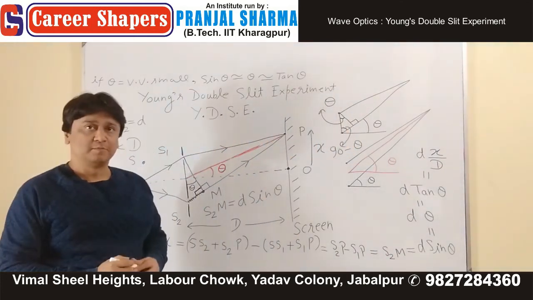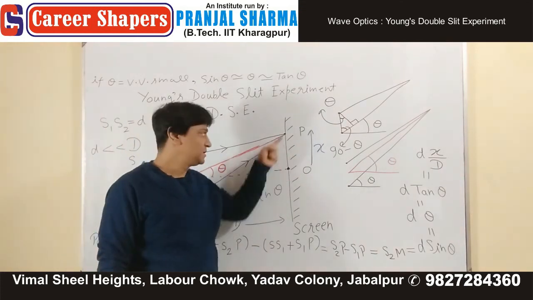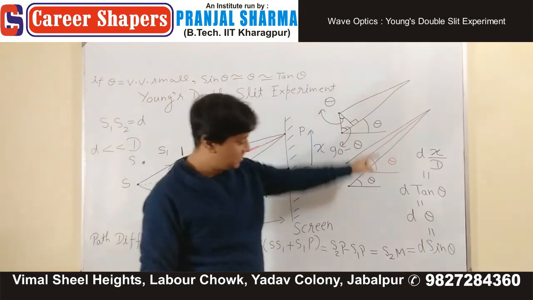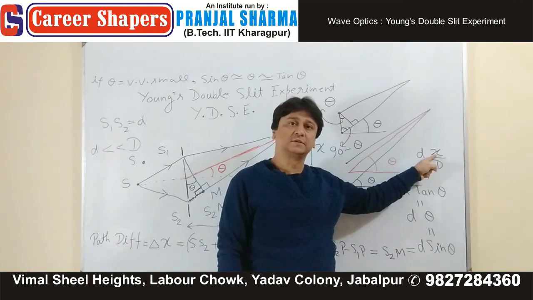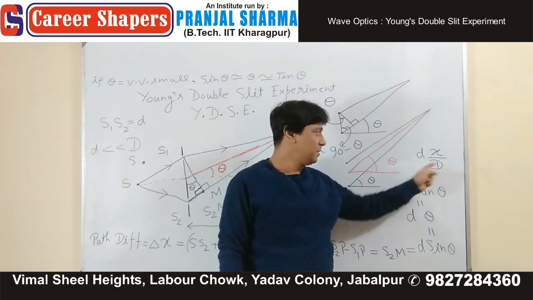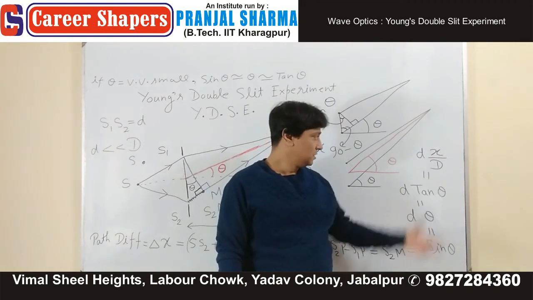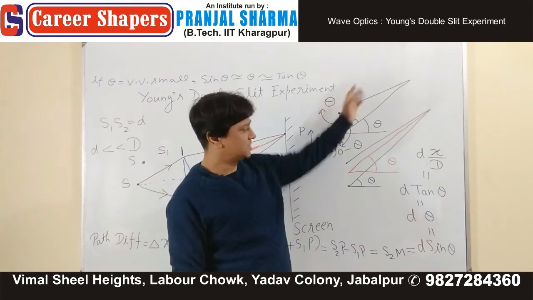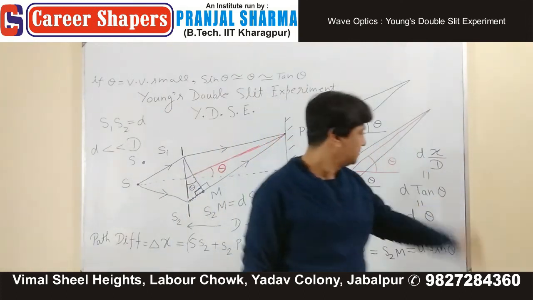What was the aim? If you remember, we wanted to find the path difference at point P in terms of x, and that's what we have done. We have found the path difference in terms of x: small d divided by capital D multiplied by x. Note this down. If you wish, you can draw these figures also as a separate note. Our aim was to find this part.